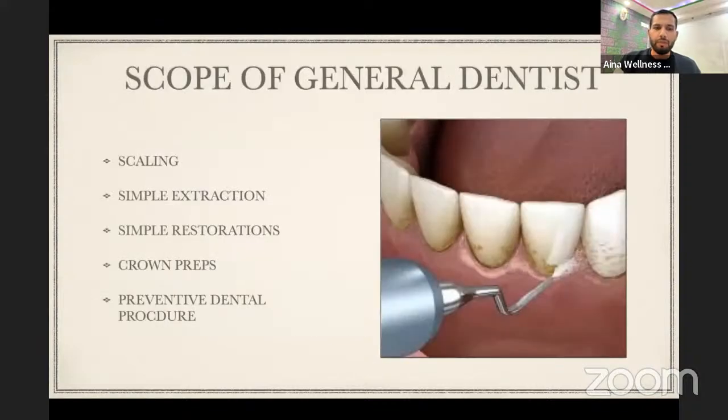The scope of work for a general dentist varies from scaling, simple extraction, simple restoration, crown preps, and preventive dental procedures. Of late, general dentists have augmented their work. They are doing advanced surgical extractions and advanced root canals, and they are into implantology and other advanced dental procedures.